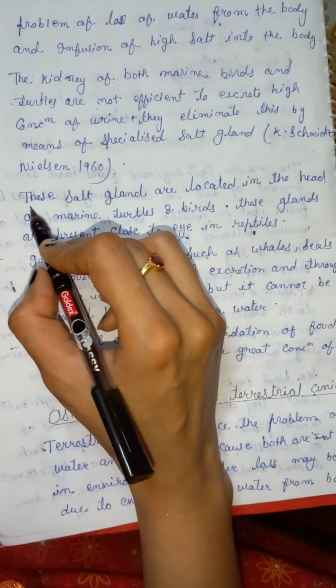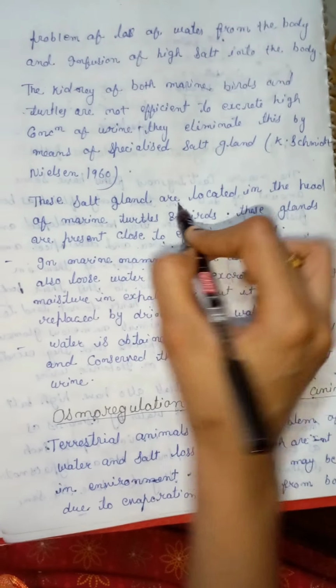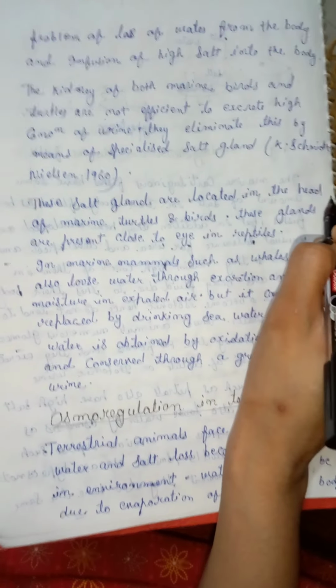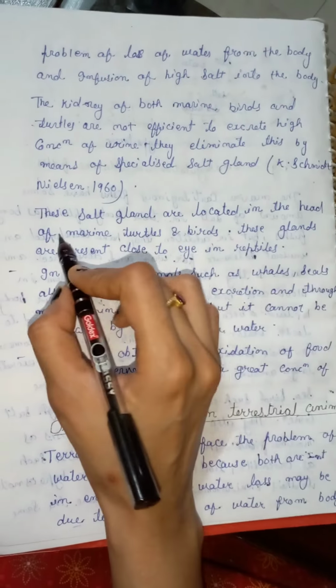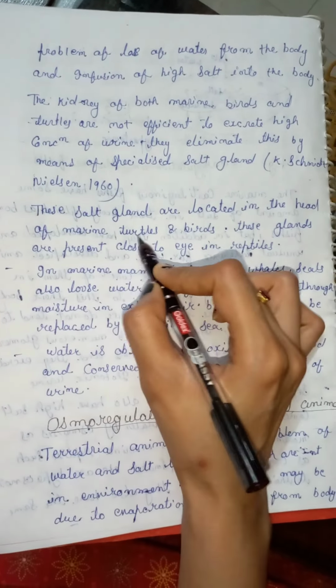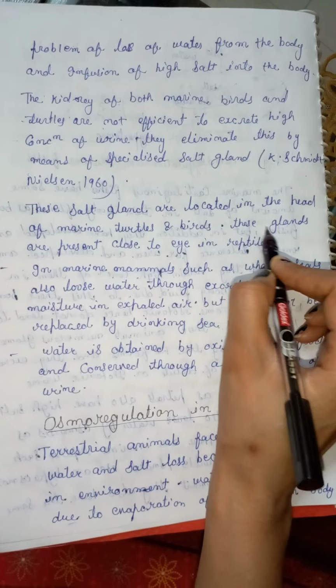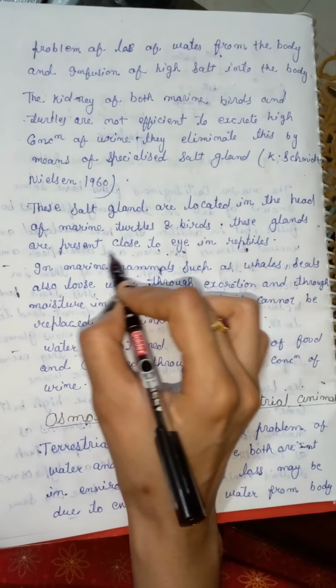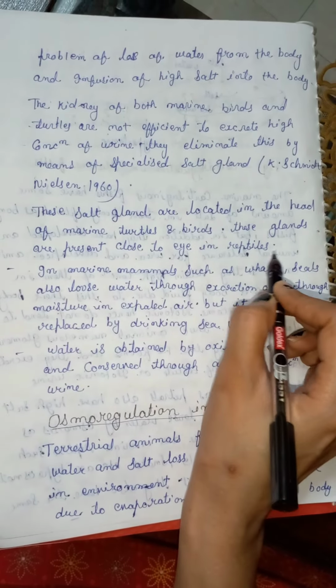Schmidt-Nielsen, 1960. These salt glands are located in the head of marine turtles and birds. These glands are present close to the eye in reptiles.